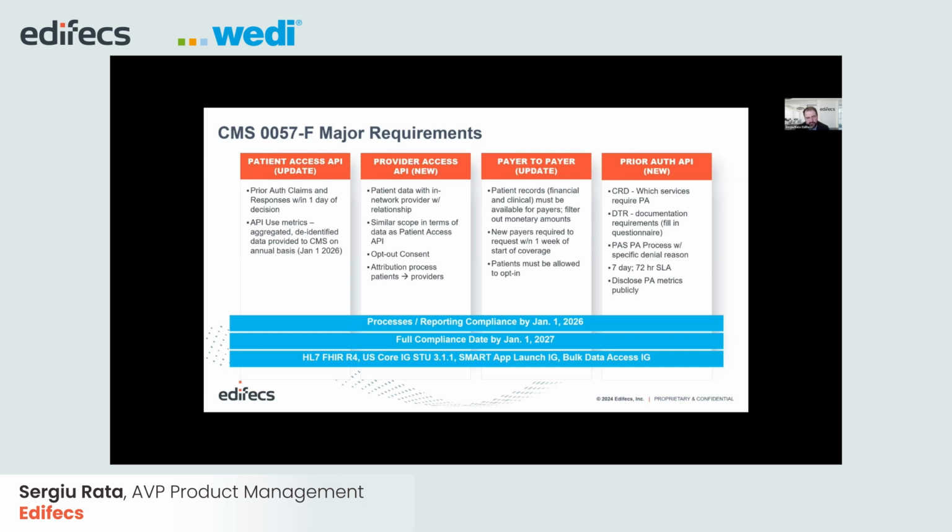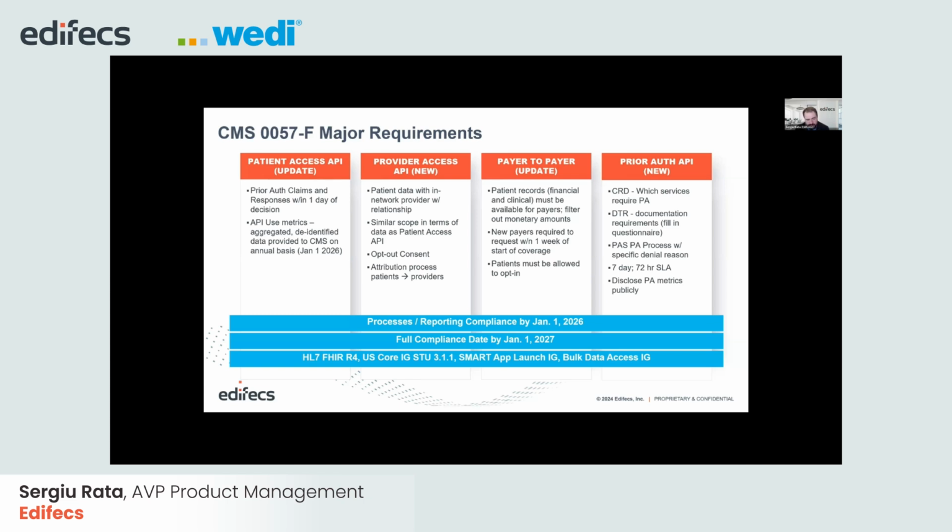So the new payer should be able to fetch the data from the old plan easily, without much friction. And then the prior authorization API itself, again removing burden from the providers to communicate those prior authorizations, the ability to find out whether prior authorizations are even needed, and if they are needed, what documentation is required to be submitted. So this is the gist, or the main points, of 57F.